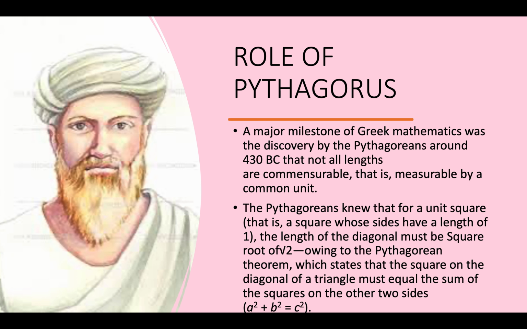The Pythagoreans knew that for a unit square, that is, a square whose sides have a length of 1, the length of the diagonal must be square root of 2, owing to the Pythagorean theorem, which states that the square on the diagonal of a triangle must equal the sum of the squares on the other two sides. That is, a squared plus b squared is equal to c squared.